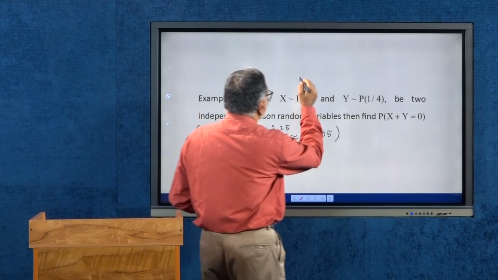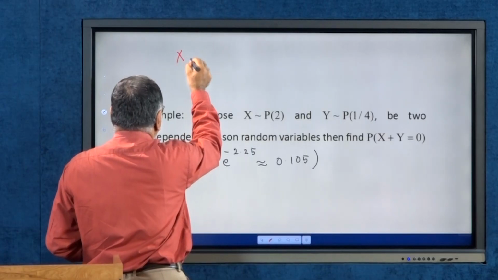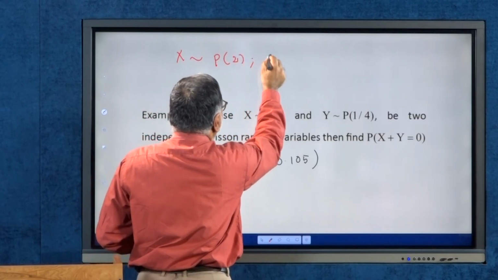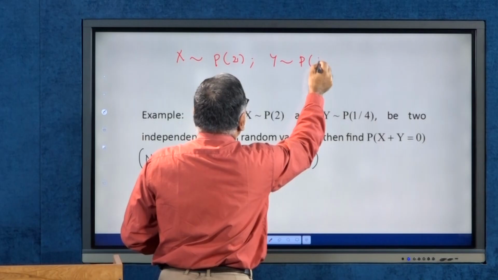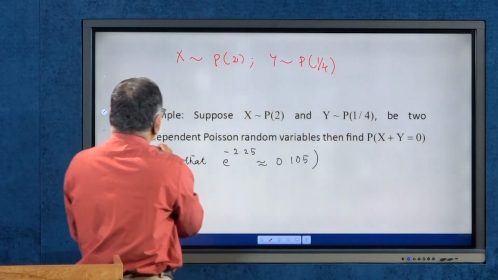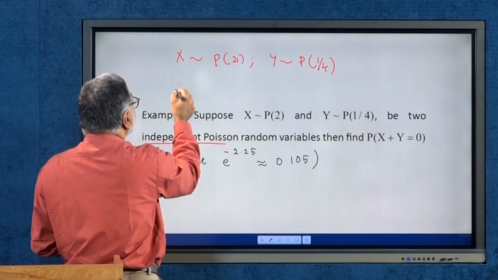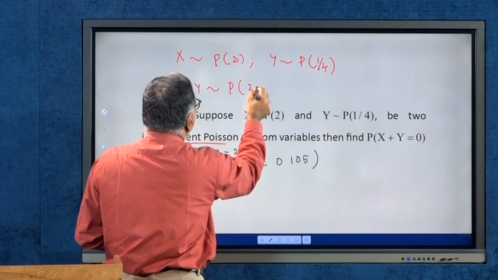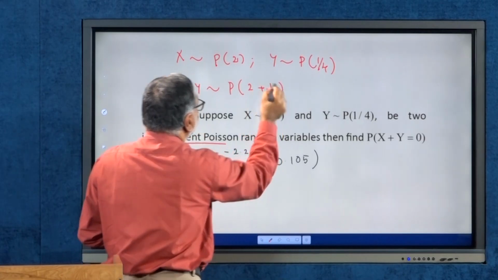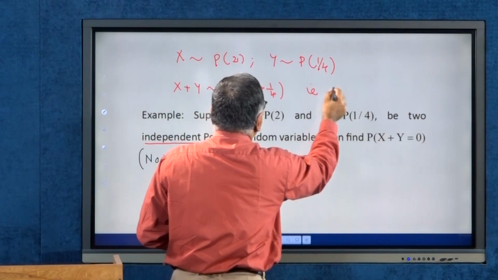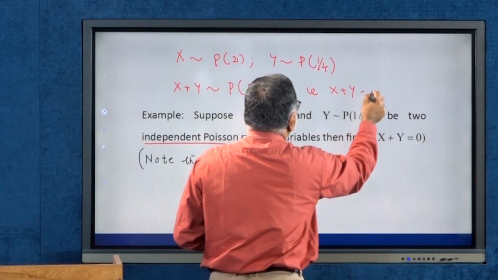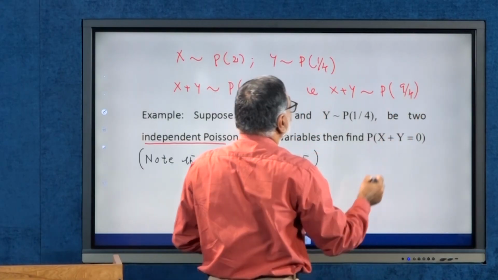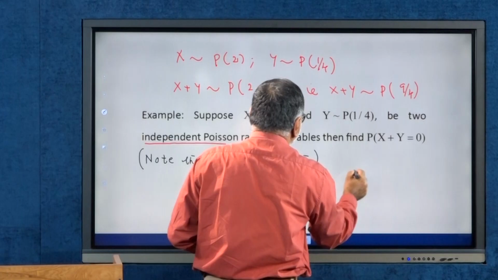You are given x follows Poisson with the parameter 2 and y follows Poisson with the parameter 1 by 4, and they are independent. Because of the additive property, you can write x plus y follows Poisson with the parameter 2 plus 1 by 4, that is 9 by 4 or 2.25.